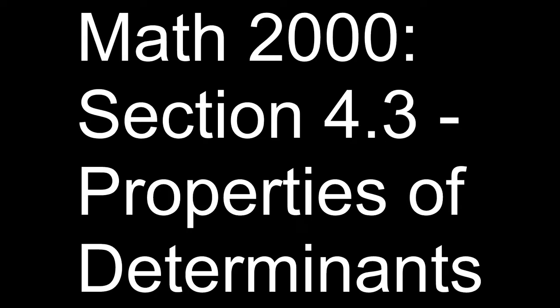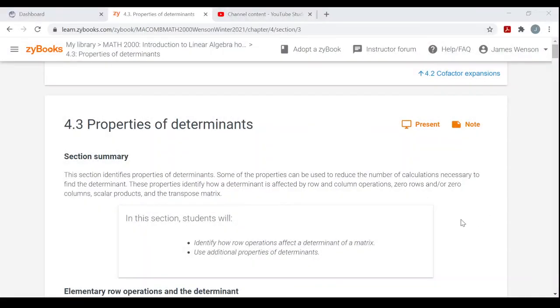So we're going to do that here, and we're going to see how performing a row operation affects the determinant of a matrix. And then we'll also see how you could do something similar with column operations. But for the most part, I'm going to stick to doing elementary row operations.